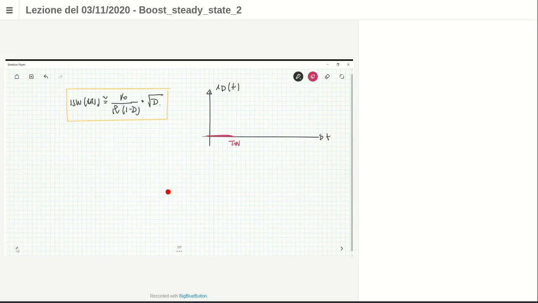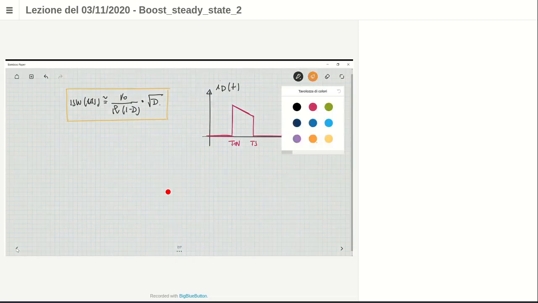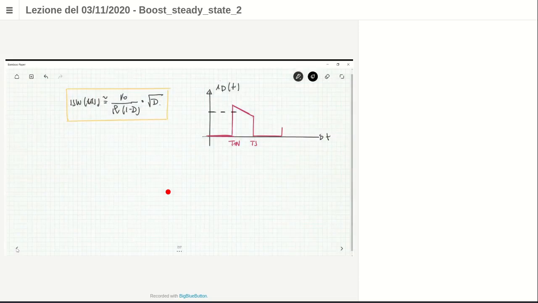Okay, so the diode current is null during the on. The diode is interdicted, and then it becomes something like this. The same way we did for the switch current, we know that this current here, in the midway between I max and I minimum, is the input current.